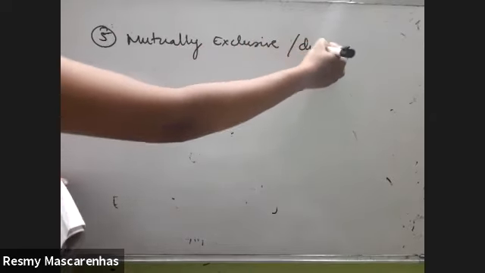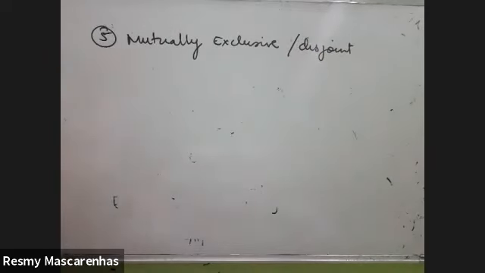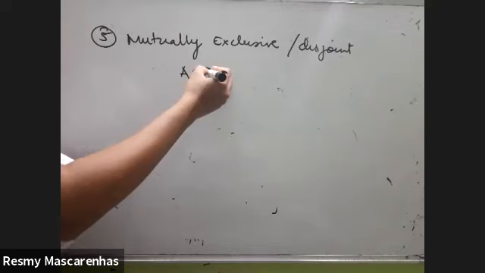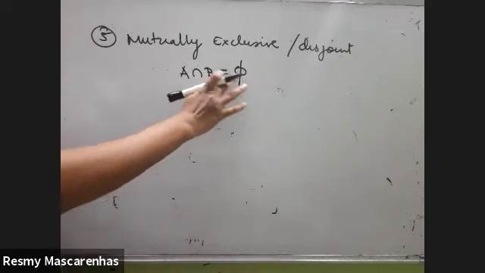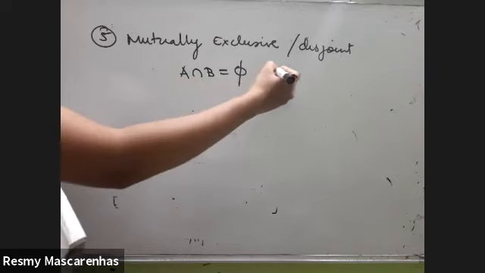Disjoint, from the term itself you understand, means there is no connection between them. They are all separate, also called mutually exclusive. They have nothing in common. It's an empty set: the intersection means no common element.